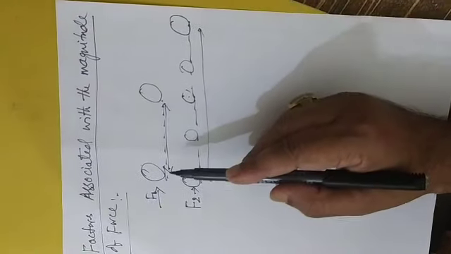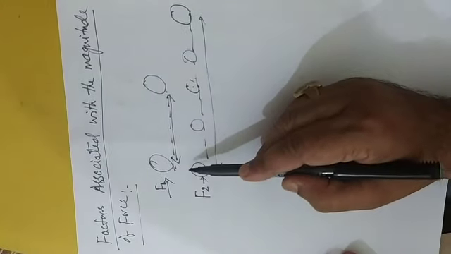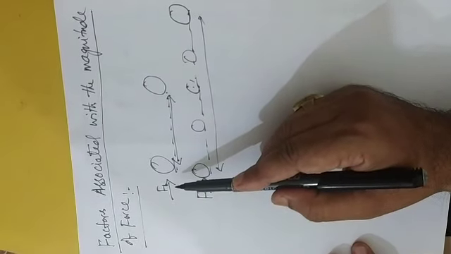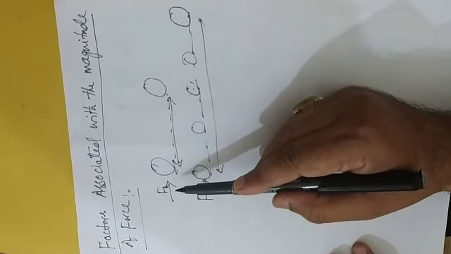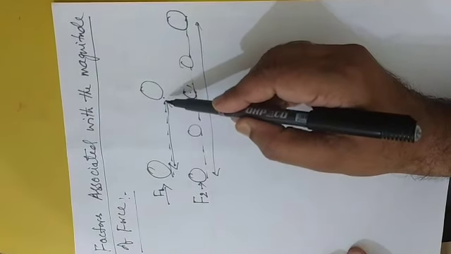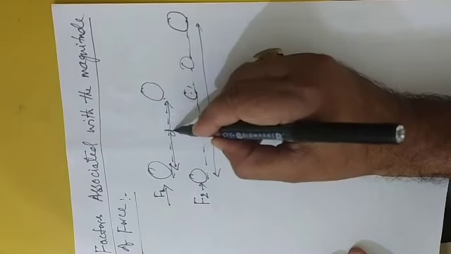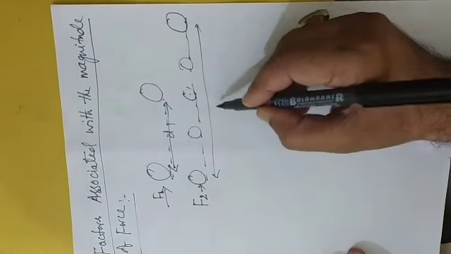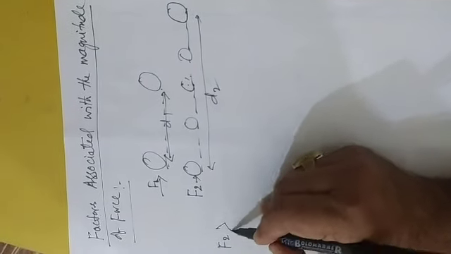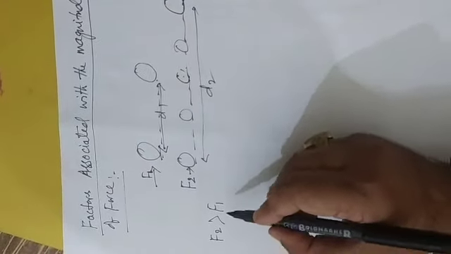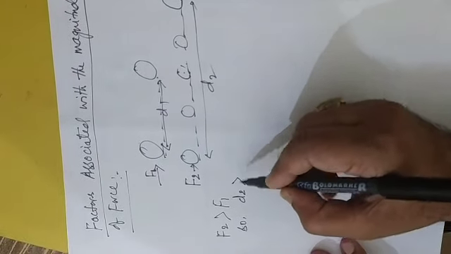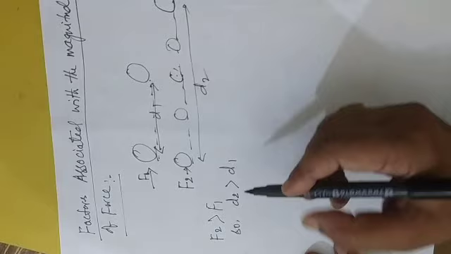So, force is associated with magnitude. If the force applied on the object has a lower magnitude, then the object covers a small distance. Say this is D1 and this is D2. Here F2 is greater than F1, so D2 is greater than D1.